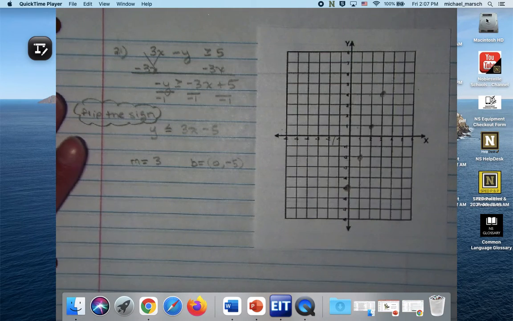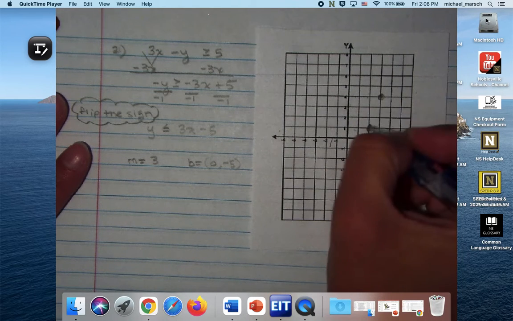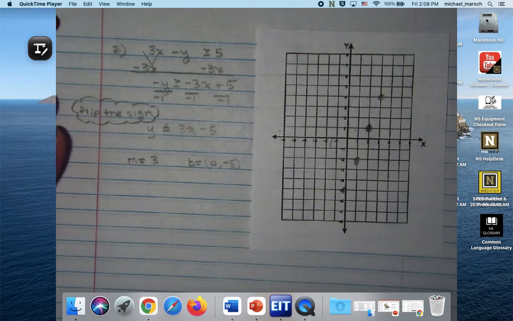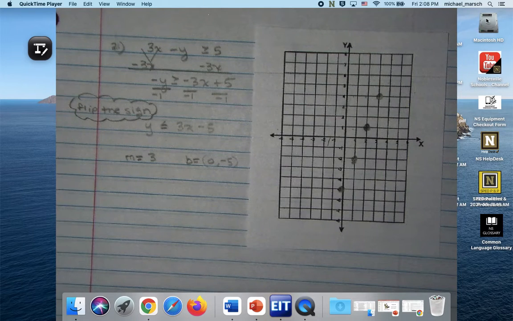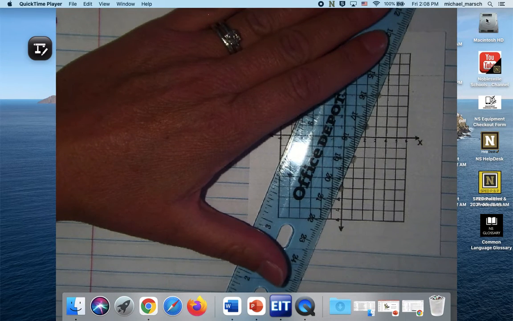Get 3 more points. Am I going to have a solid or a dashed line? Solid, because it can equal those numbers.